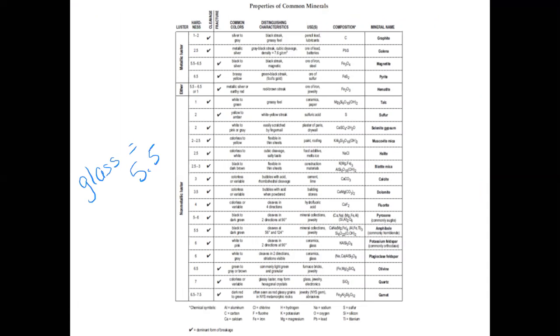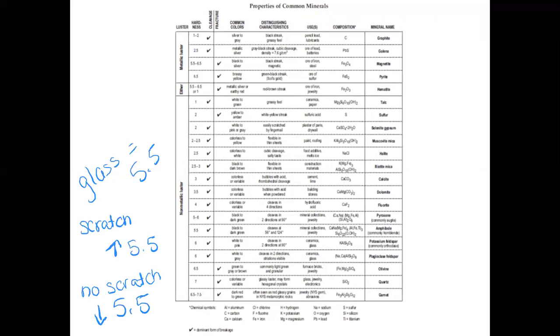So if the mineral scratches glass, that means that number is going to be higher than 5.5. And if it does not scratch, it's going to be less than 5.5.